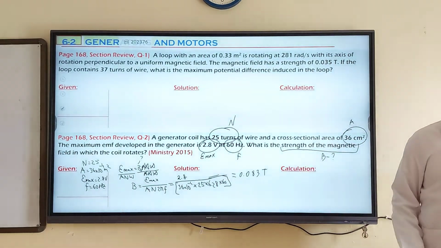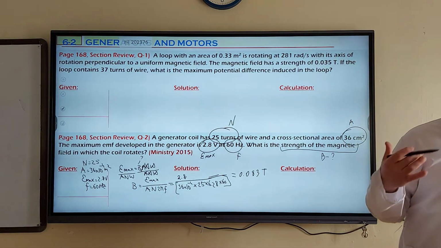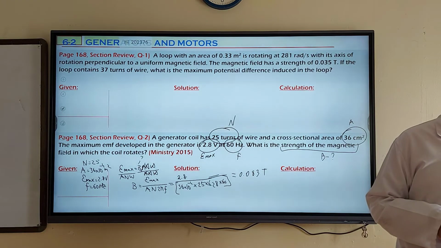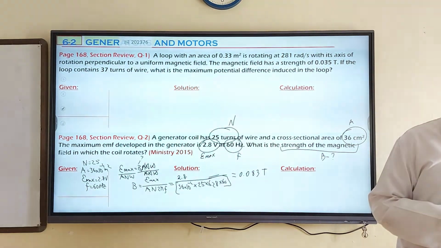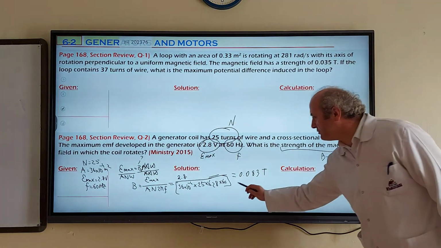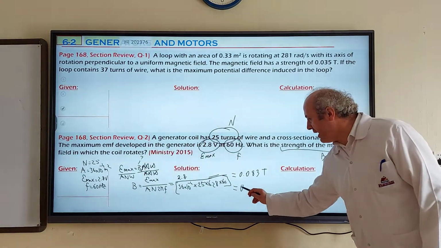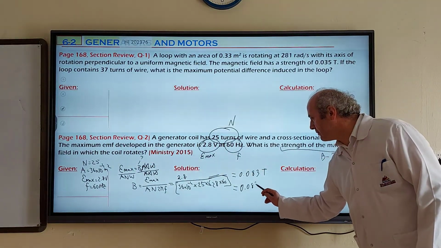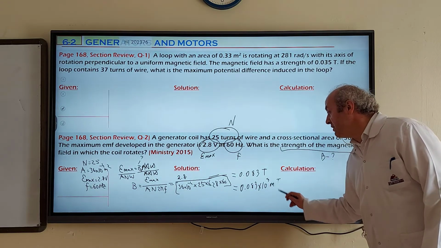This is a mystery question. But choices can be given as millitesla as well. How can we convert Tesla to millitesla? By multiplying 1000 or 10 to the power of 3. So I can convert this Tesla to millitesla by multiplying 10 to the power of 3, positive 3.